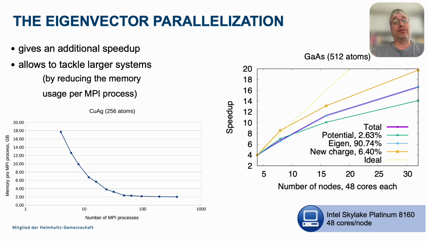And of course, as you can see here, the memory usage goes down. Here you see the number of MPI processes, and here the memory which each of these processes needs. The larger the number of MPI processes, the more the memory goes down drastically.